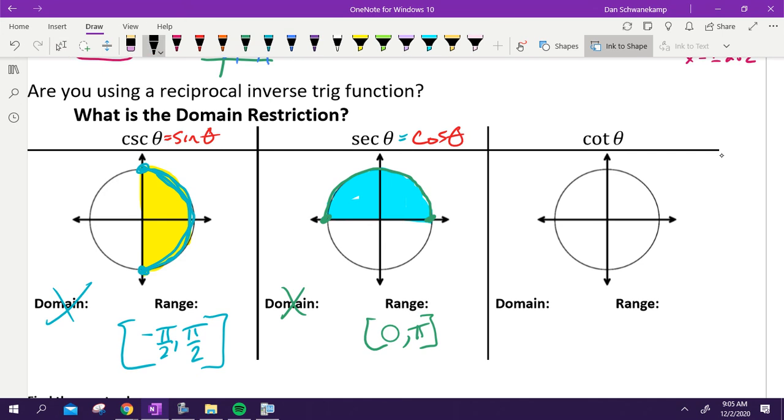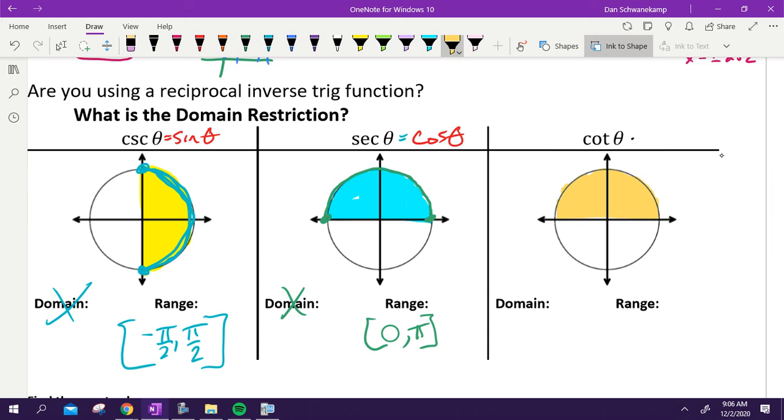Cotangent. Now, cotangent, it kind of goes with tangent. It's the reciprocal, but we talked about it in bell work. Which 2 quadrants did we want to live in to make a continuous cotangent graph? 1 and 2. That's the difference here. That's not the same for tangent.